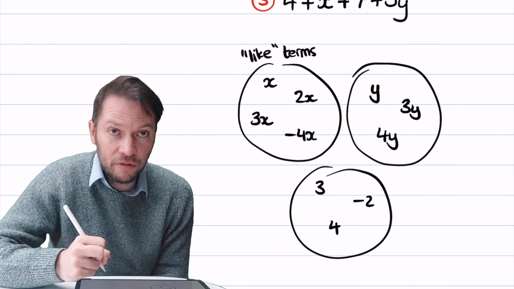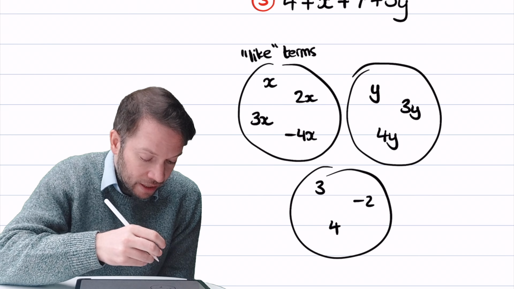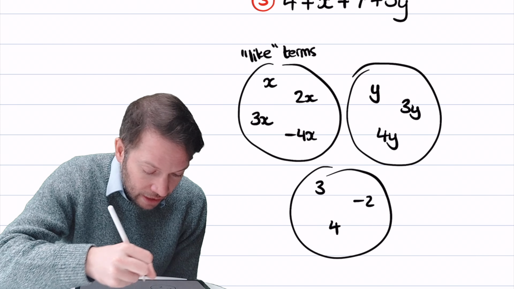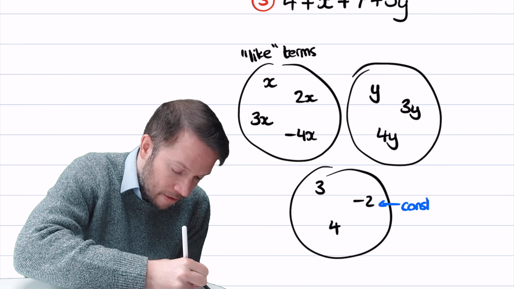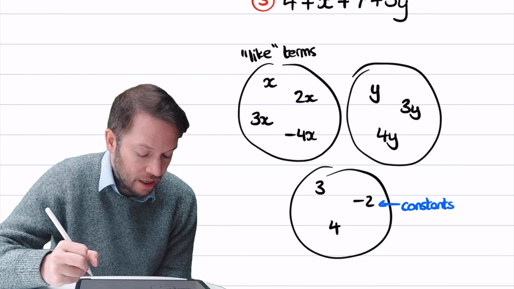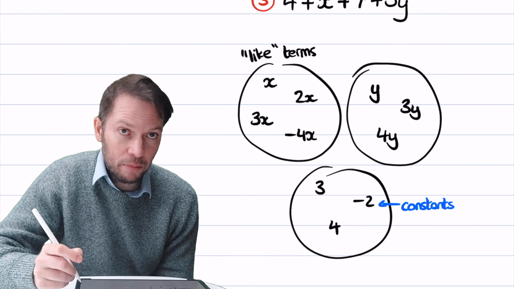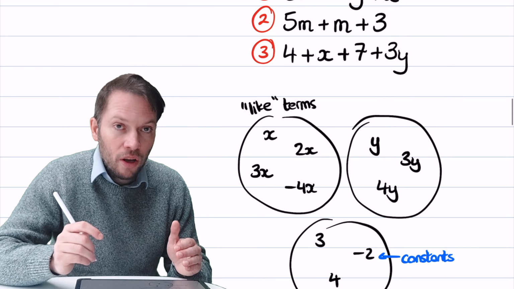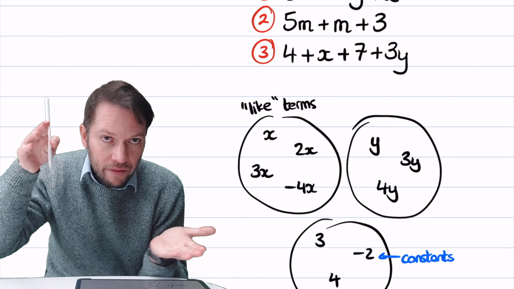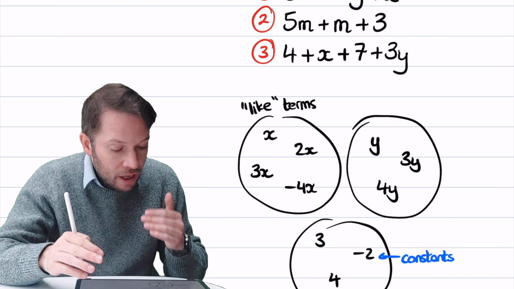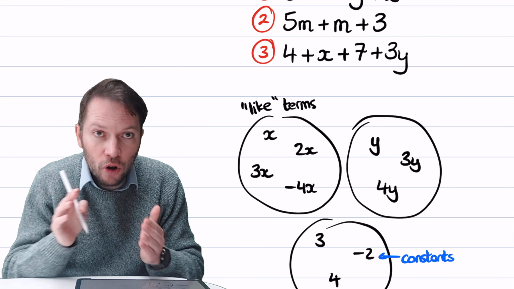So if they have no variables at all, those terms would also be like terms. And by the way, these are known as constants, constant terms. And constant terms are terms that don't have a variable in it. And basically, when we have like terms, we can simplify them by collecting them together, putting them into one, but we can't collect terms that are not like.